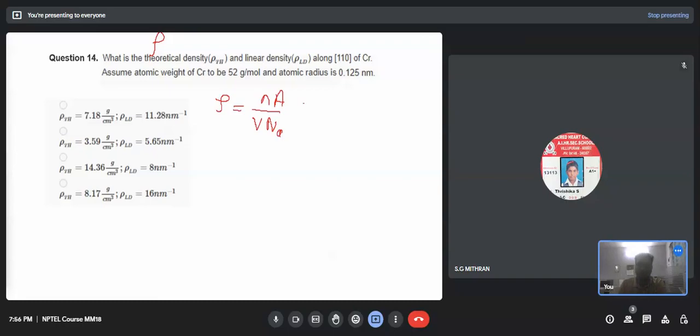So according to that, for chromium, this is a BCC lattice. So for BCC lattice, n will be 2.